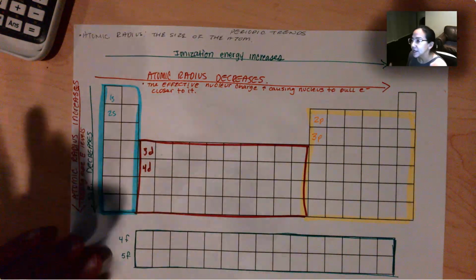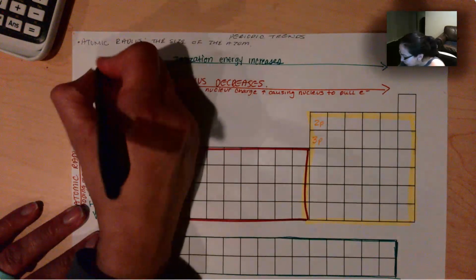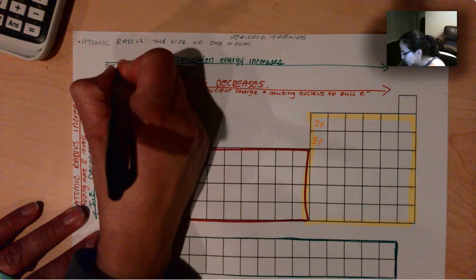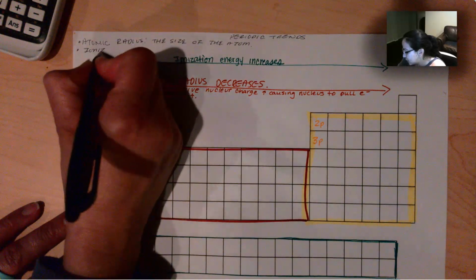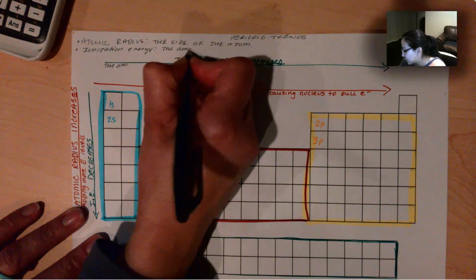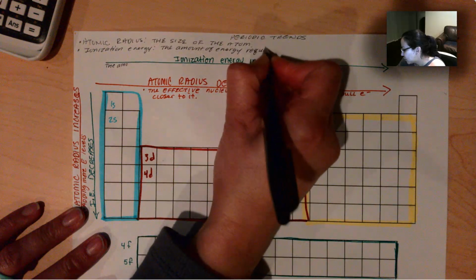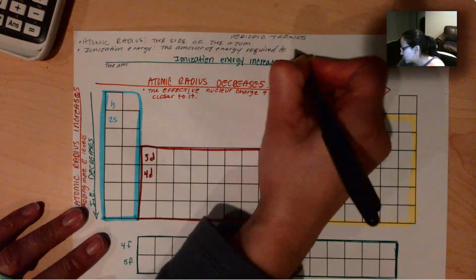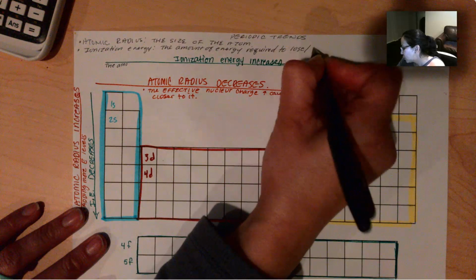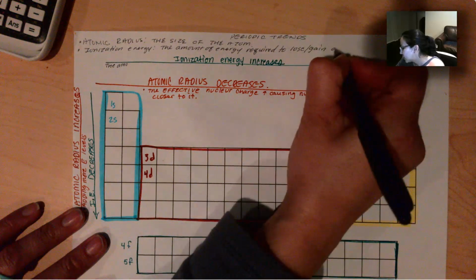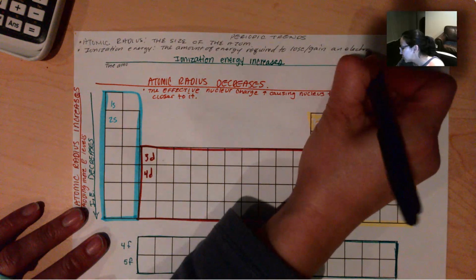All right, so what is ionization energy? It's the amount of energy required to lose or gain an electron.